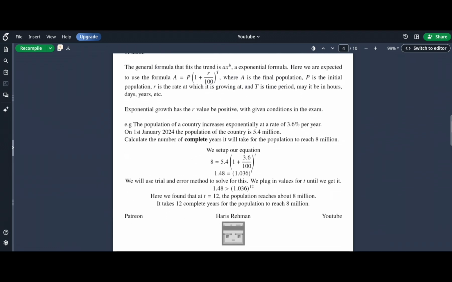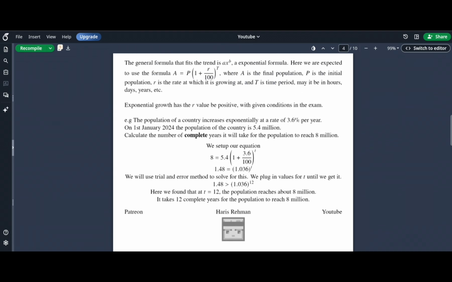Let's look at the uses. What are we given and how do we do stuff with it? When the question says the population increases exponentially, or the population growth increases by R% every year, it should remind you to use this formula where the R is positive.